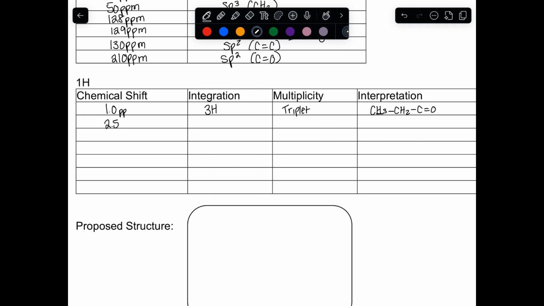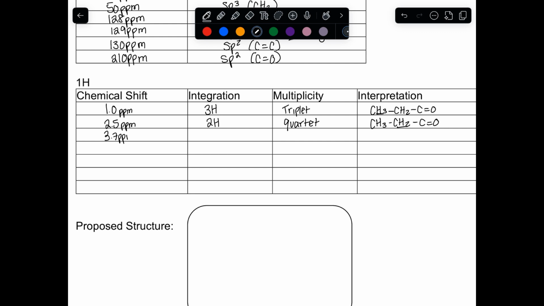And then at a chemical shift of around 2.5 parts per million, I found there to be an integration of 2 hydrogens, and this appeared as a quartet on the 1H NMR spectra. And here's me drawing a partial structure just showing that it's the CH2 group in between the ketone carbonyl and the terminal CH3 group.